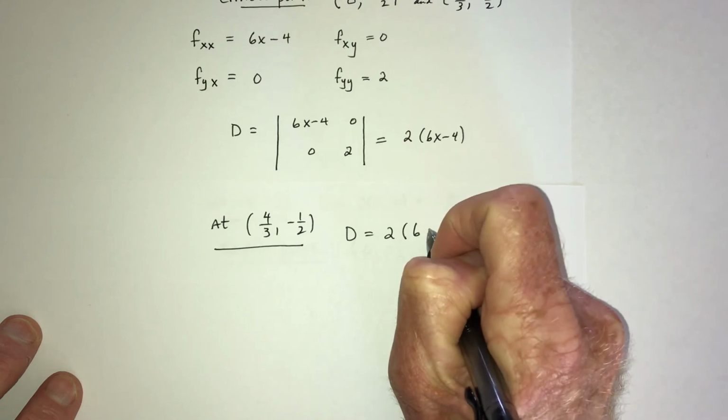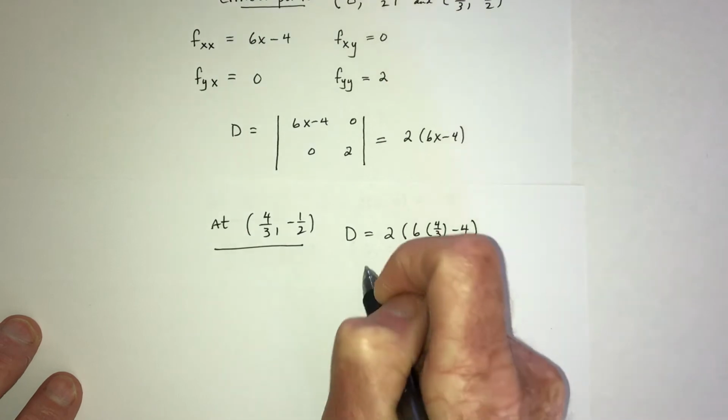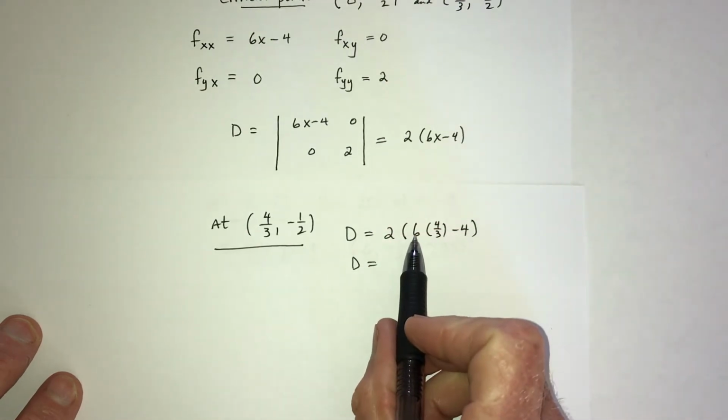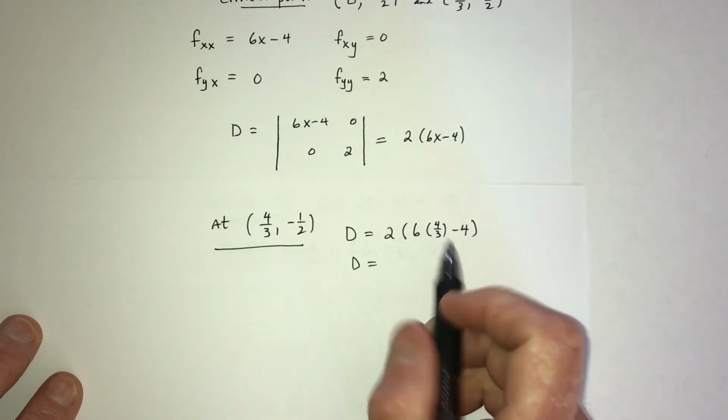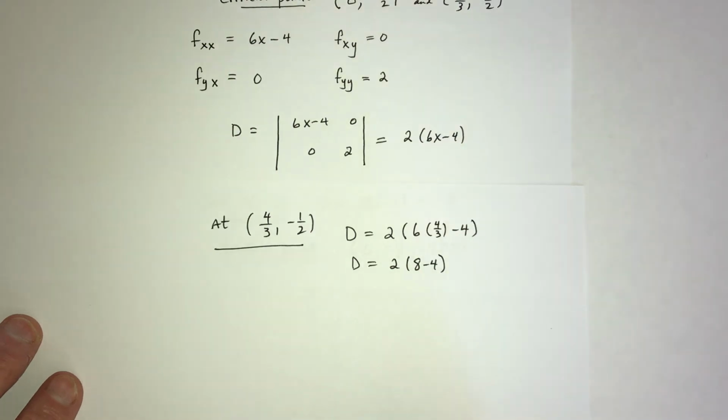So 6 times 4/3 minus 4. So that is, let's see, 6 will divide into that 2 times. 2 times 4 is 8. So it's 8 minus 4. So that is a positive number.